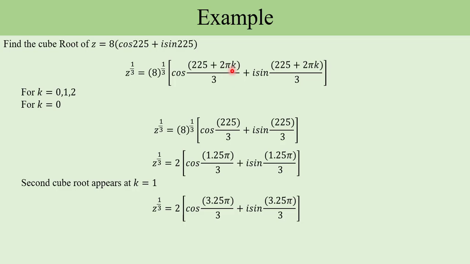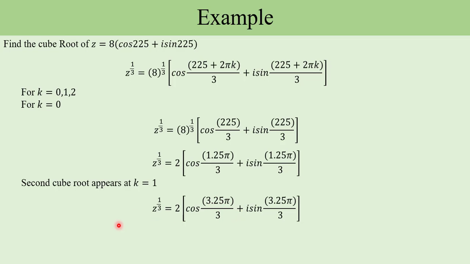So we have substituted the value of 1, which becomes 2 pi. Remember this one is equivalent to 1.25 pi. So 1.25 pi plus 2 pi gives us 3.25 pi divided by 3.